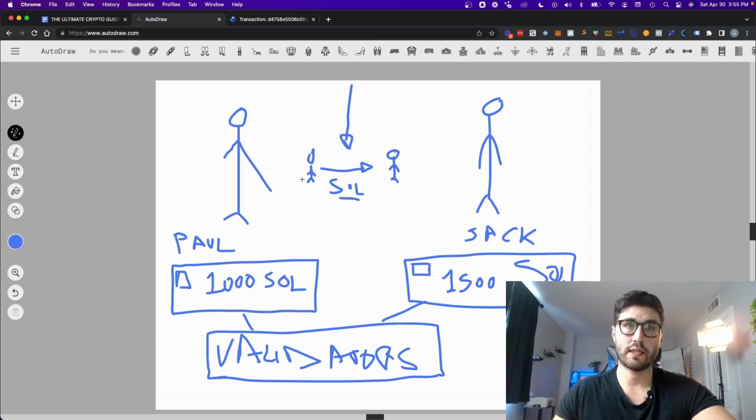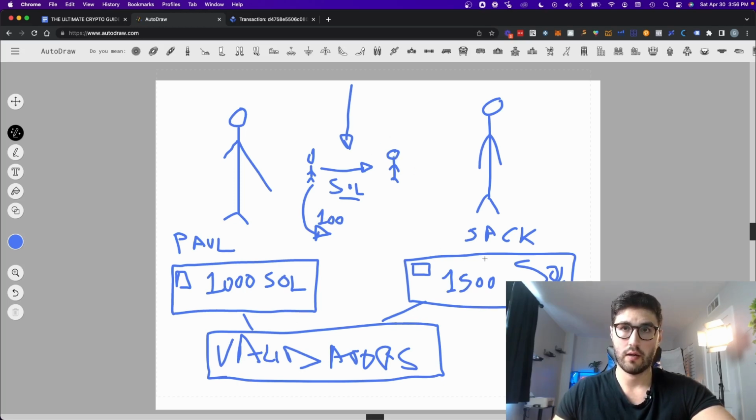And once it starts the transaction, the network receives it, and it says, okay, I want to send 100 Solanas, okay? The network receives the information. Then what happens is that the network will randomly pick one of those validators to actually say, is this guy actually sending 100 Solanas to this other guy right here?